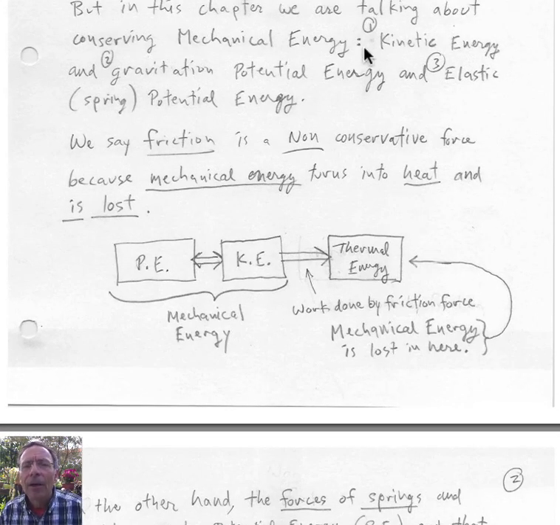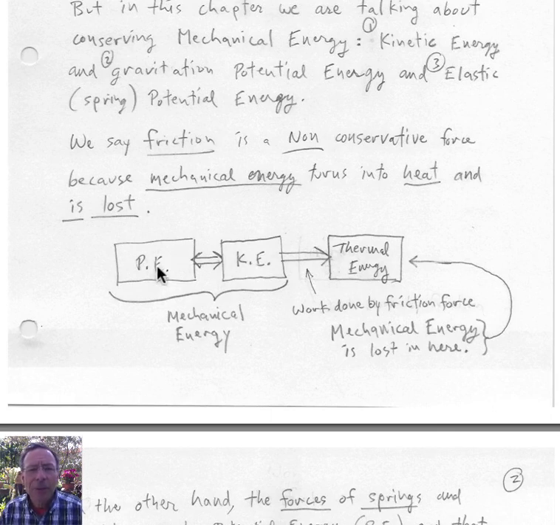And so mechanical energy could be kinetic energy, that's motion energy. It could be gravitational potential energy, something we're about to study, and elastic or spring potential energy, something else we're about to study. Now, we say that friction is a non-conservative force because it causes us to lose mechanical energy. So in our diagram from before, I had potential energy, kinetic energy, thermal energy.